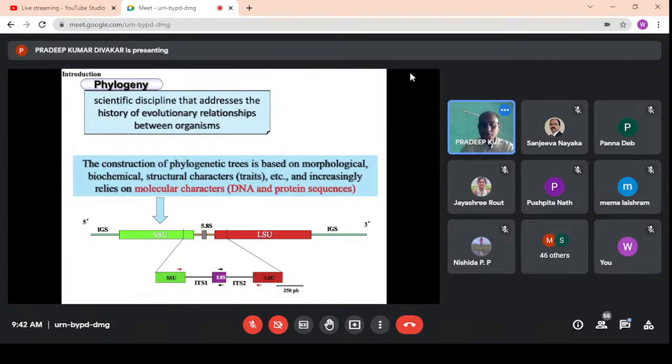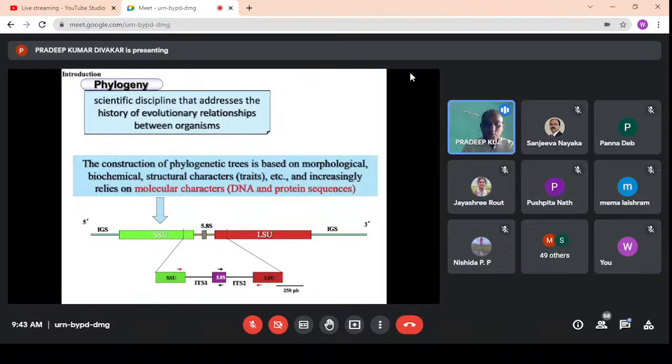And if we want to establish the phylogenetic relation at a higher taxonomic level, let's say families, orders, etc., in that case we have to select a marker that is a more conserved region, because more variable markers will be very difficult to align. So for phylogeny at the species level, it is important that the markers have sufficient variation to discriminate the species. This is the second criterion that we should follow to select the molecular marker.